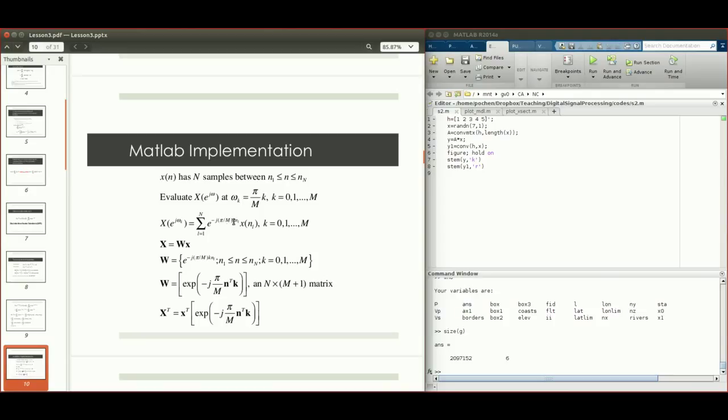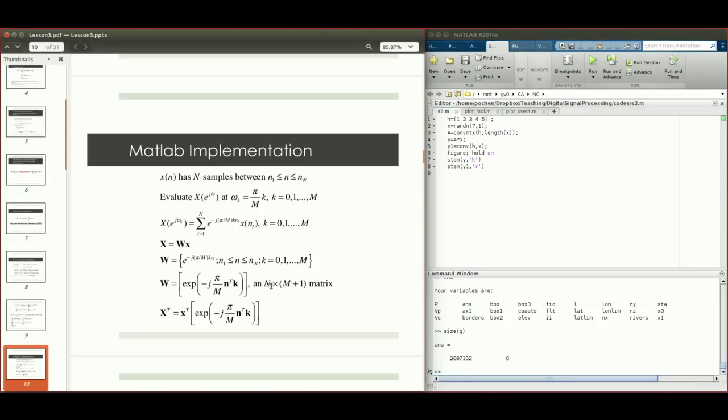So basically this complex exponential just depends upon k and n_L. So we can make a matrix so that the number of rows and columns depends upon the range of k and n_L. So here's how you can actually construct this matrix. This matrix has this many rows, and then this many columns, N plus 1 columns.